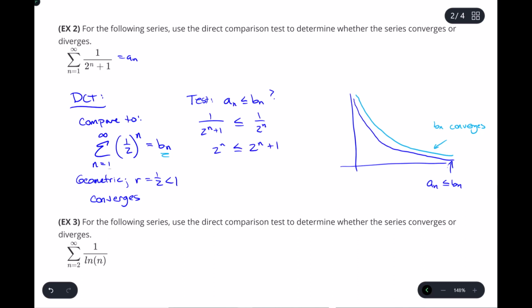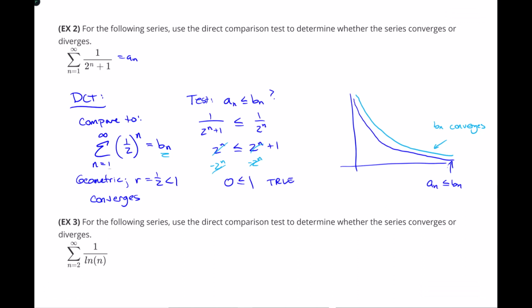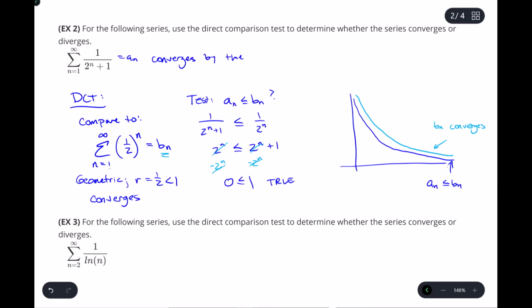And then if we subtract off 2 to the n, those terms cancel, and this is about the nicest result you could possibly get. 0 is definitely less than 1. All right, so that's a true statement. So that checks out. So therefore, they both converge. So a sub n converges by the direct comparison test.